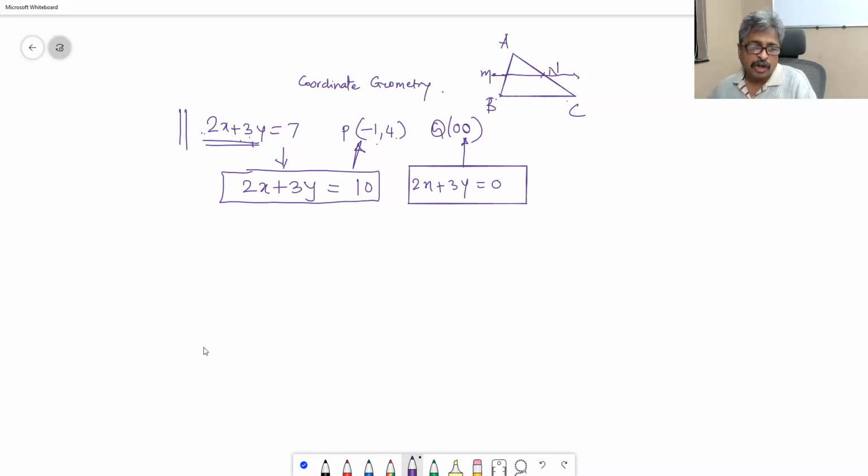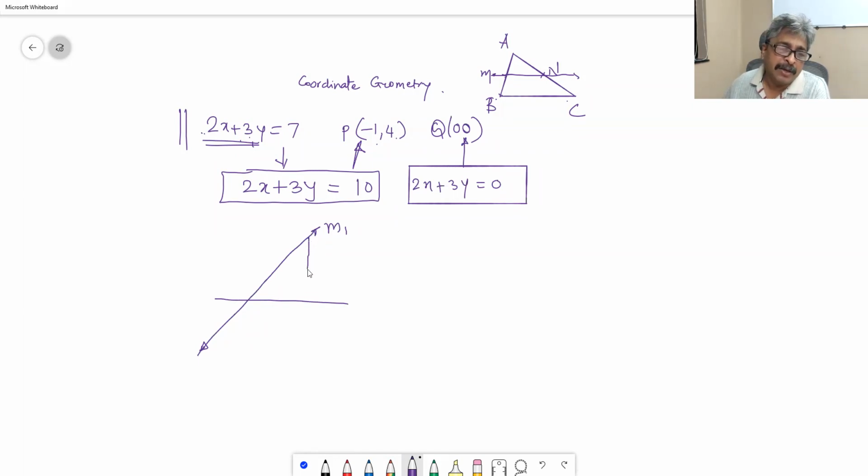Okay, now our job is this. Suppose I have a line like this whose slope is m1. What does it mean? When I say the slope of this line is m1, I mean when I go from this point to this point, I go this much distance in the positive direction of the y-axis, and this much distance in the positive direction of the x-axis, and let us say this distance is 1.